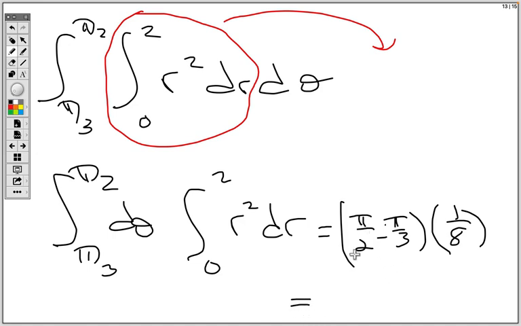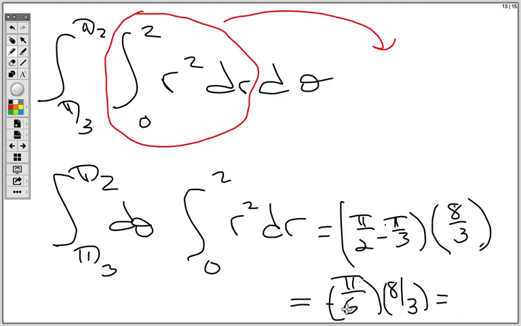And so this would be what? 8/3, and then this would be pi over 6. So what, 4 pi over 9?